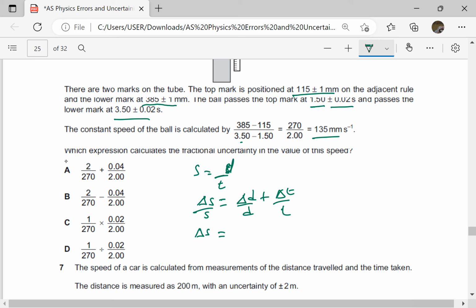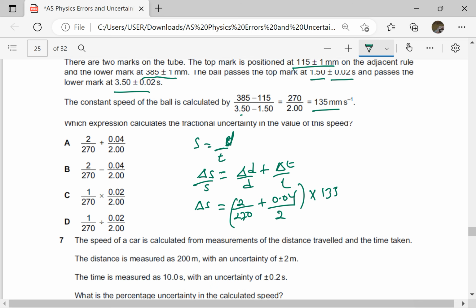So that is 2 millimeters divided by the difference between the two, which is 270, plus for time, we have 0.02 and 0.02, which gives us 0.04, divided by the time, which is 2. That is the sum of fractional uncertainties. Then this will be multiplied by S, the speed, which is 135.